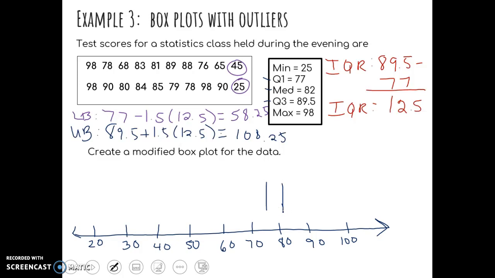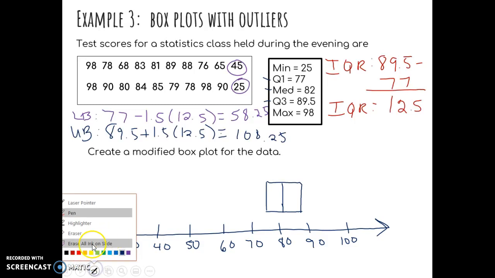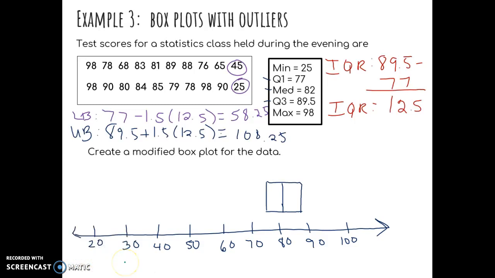And then 89.5, so about right there. And that still gets connected and makes a box. So let's go out to the highest number that's not an outlier, which is 98 at the top. The lowest that's not an outlier is 60. And then we're going to put a star above 45 and 25.